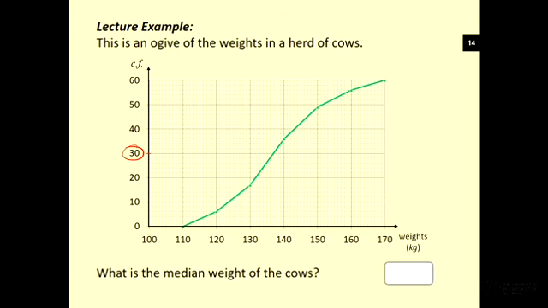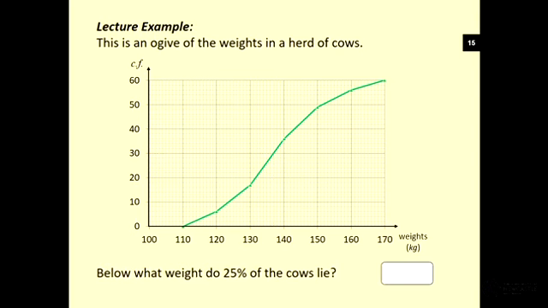If I line all these cows up from slimmest to least slimmest, I'd want to walk to the 30th cow and weigh it. What's the 30th cow weigh? Bring it across, bring it down. That's the median weight, which looks about 137 kilos. So median. I could also have asked for the Q2, it's the same answer.